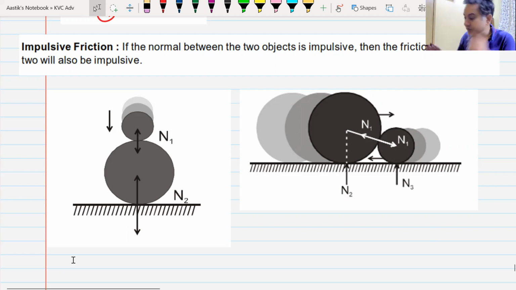When is tension going to be impulsive? Now you look at these three positions.